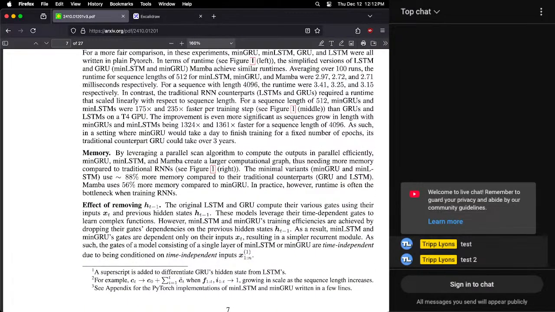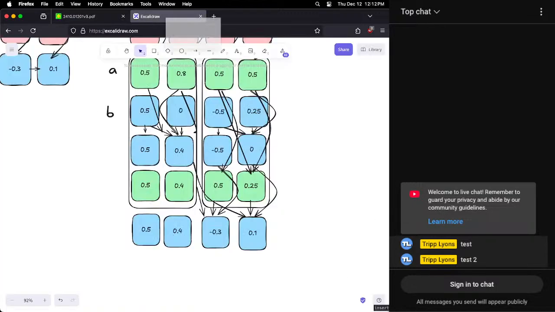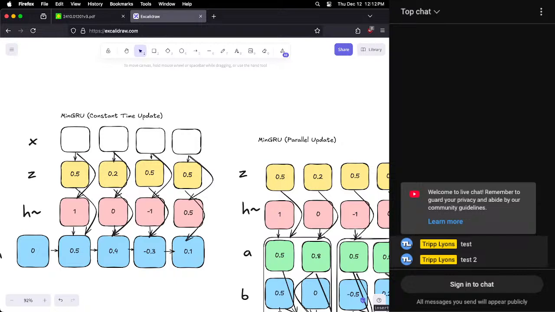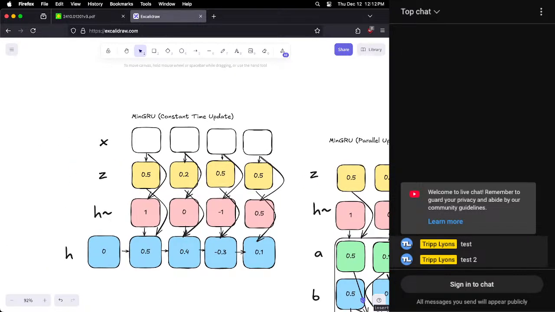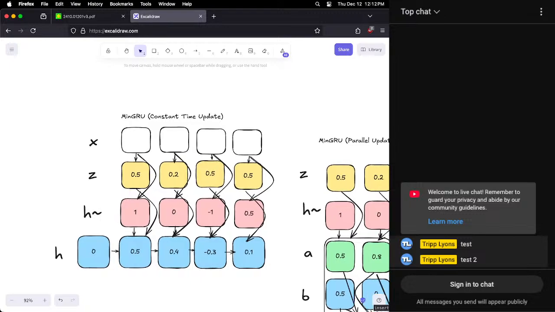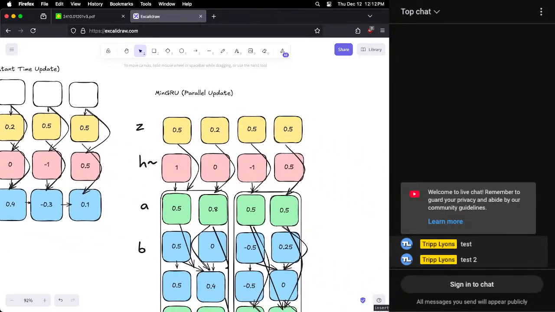And the fact that the h's and the z's are no longer a function of the previous h, only computed from the x's, does mean the function is less expressive.